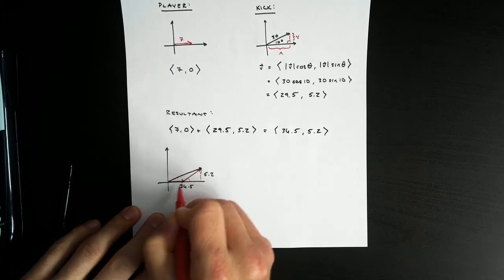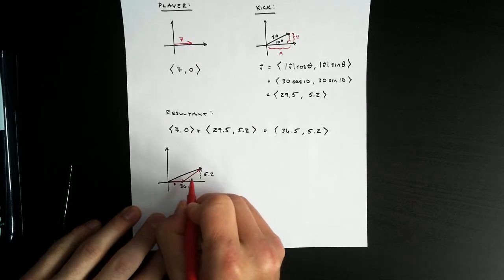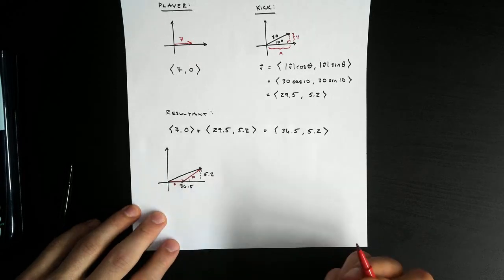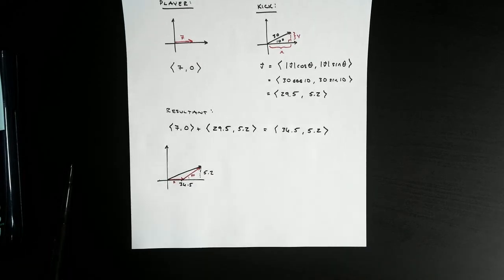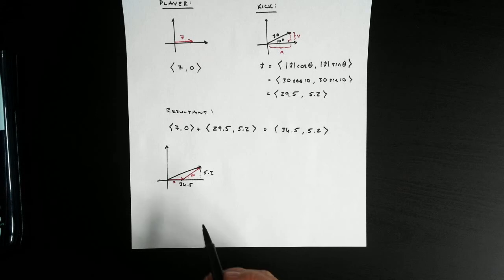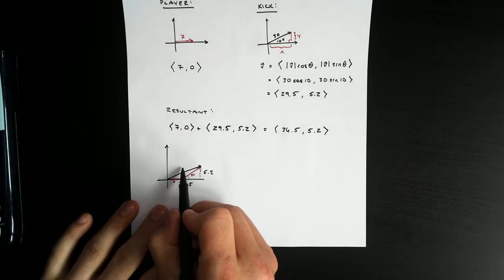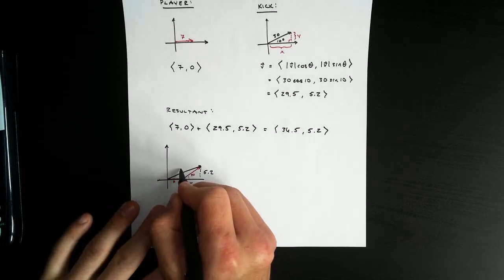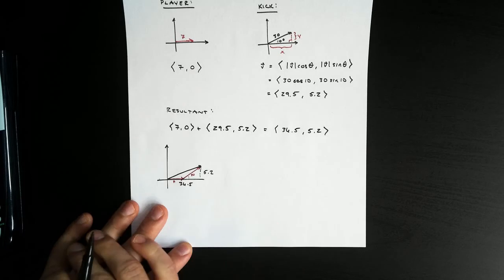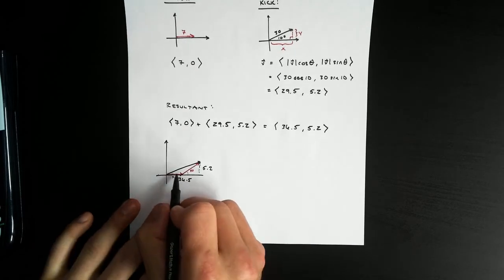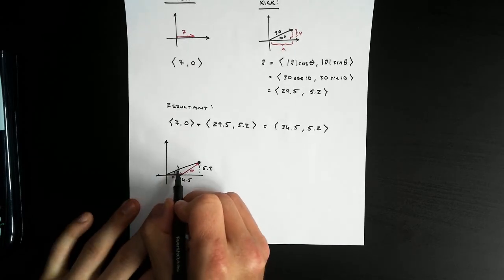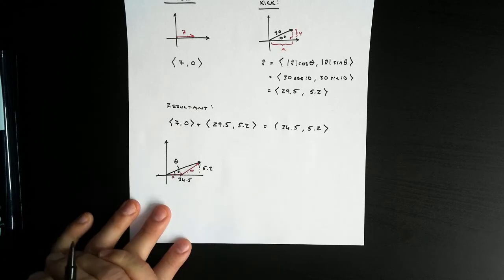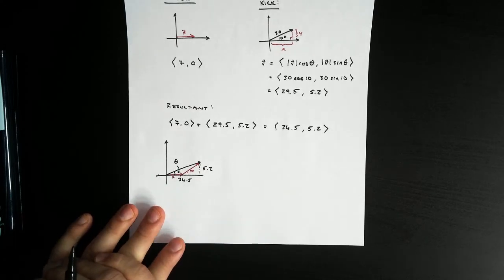So here's an angle of 10, this is 7, and those are our two original vectors, right? But what we need to find out is the length of this vector. Okay, so that's the resultant speed, and we need to find the angle with the horizontal here, which we'll call theta.